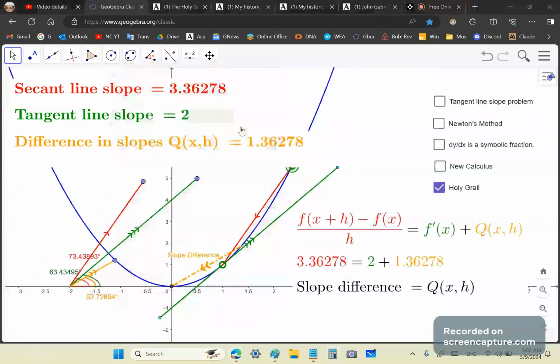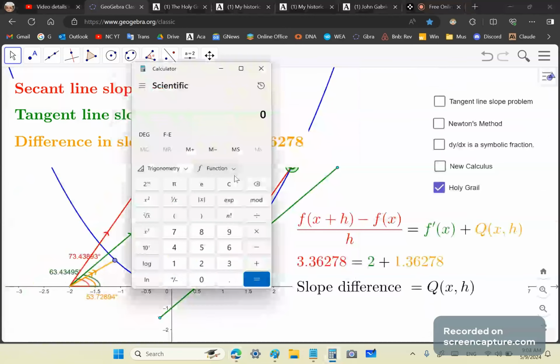The same thing if you take the tangent of 63, it'll give you 2. Let's do that as well, just for completion: 63.43495, approximately 2. That's good because I haven't entered the whole thing. Otherwise, it would be exactly 2, and I can't enter the whole thing.